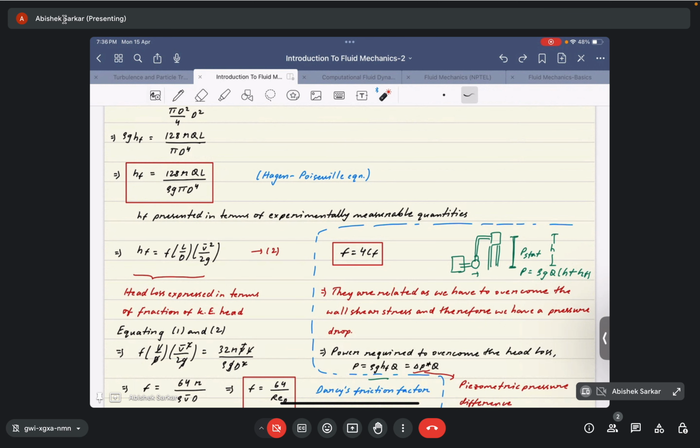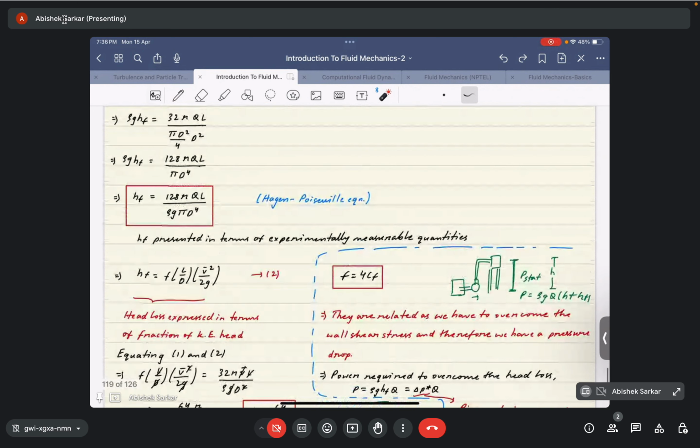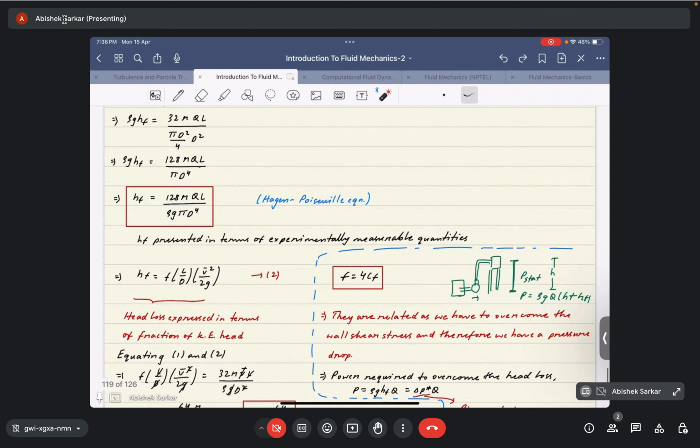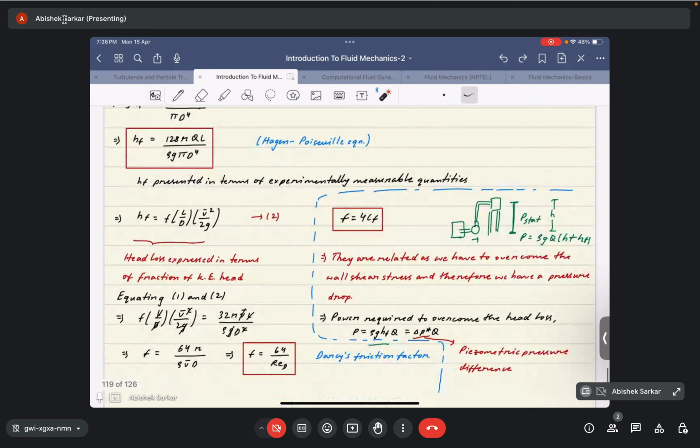Since there is a loss in the flow energy because of the fluid friction, we can say that this head loss hf would be equal to some fraction of the total kinetic energy head. So we can write hf is equal to f into L by d v square by 2g. These terms are non-dimensional, but this term is dimensional because it is the kinetic energy head.